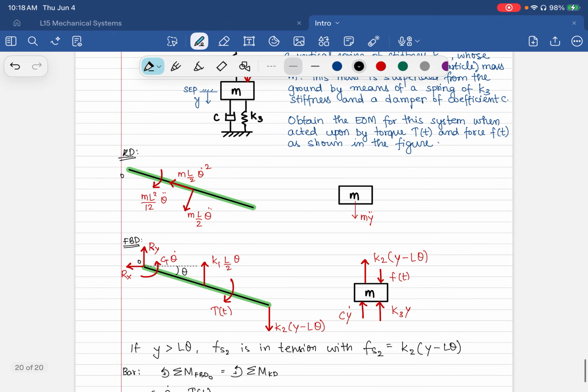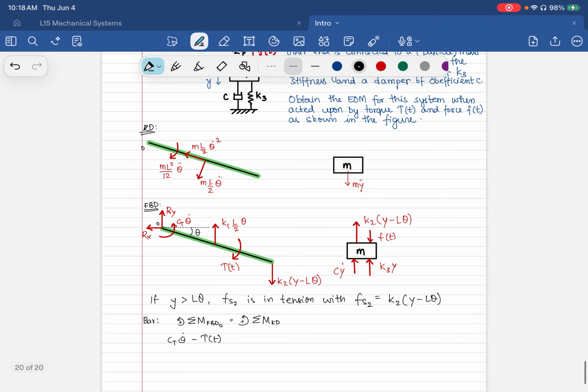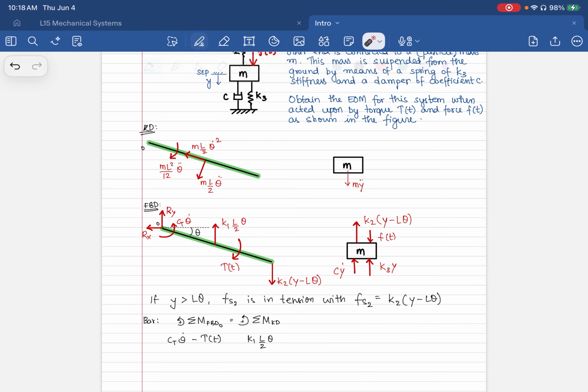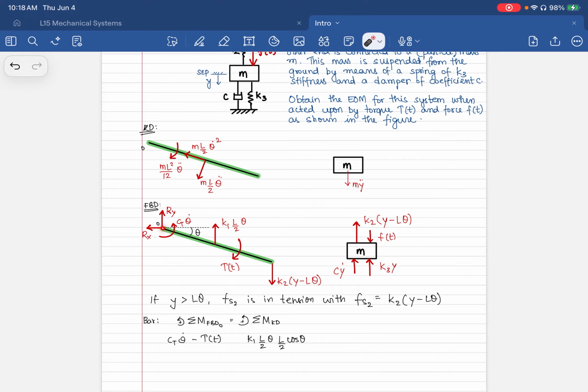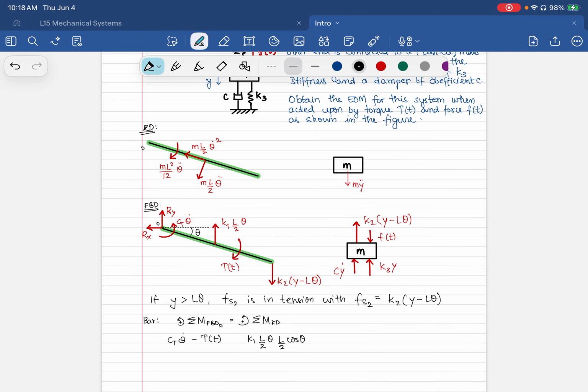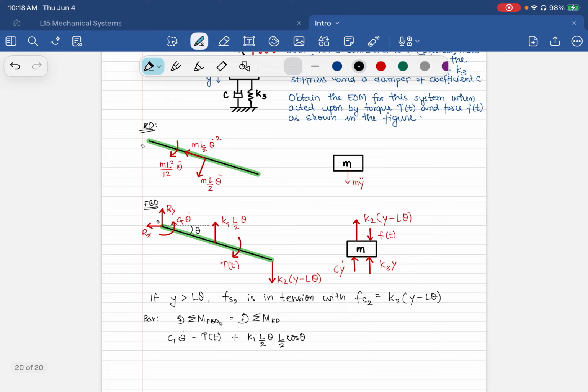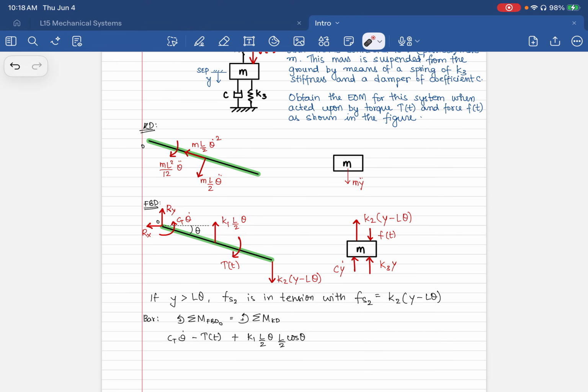This here is theta. So K1 L by 2 theta is the force, and then this here is L by 2 cos theta. Is it positive or negative? R cross F is in the same direction, so it's positive. And then you have this one as well.